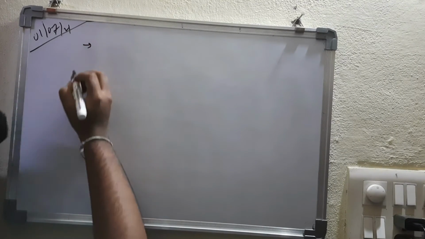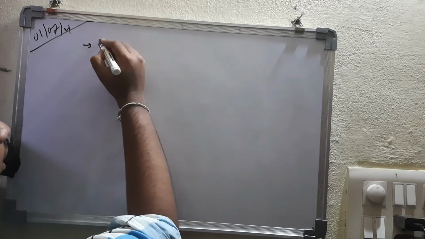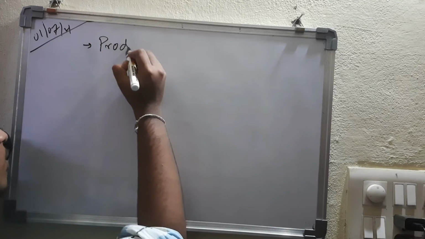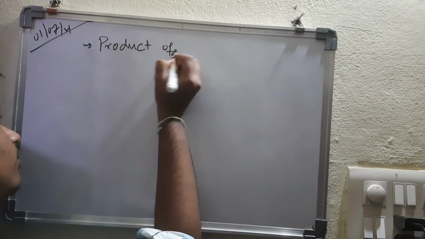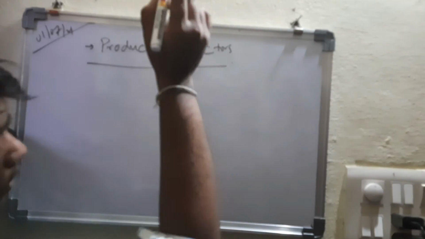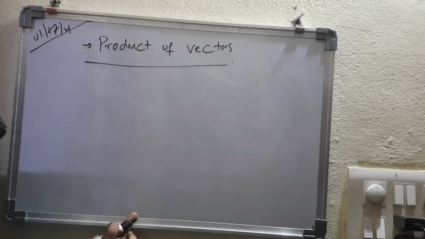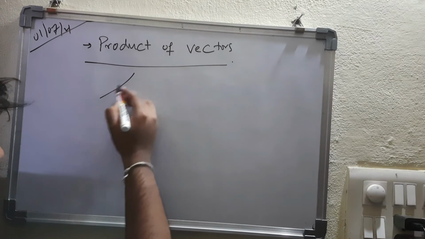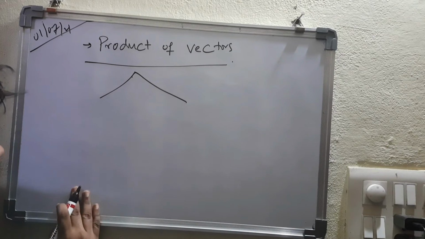Now, product of vectors. Again, there are two types of product of vectors.